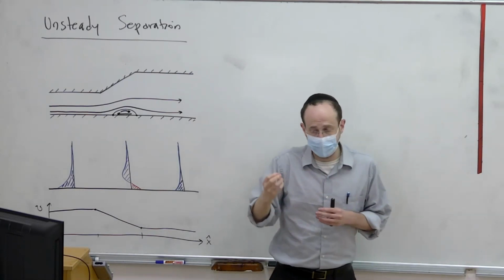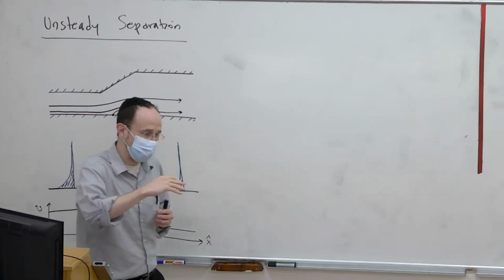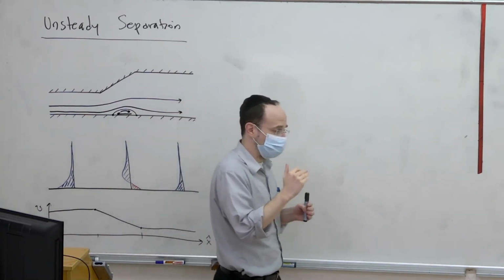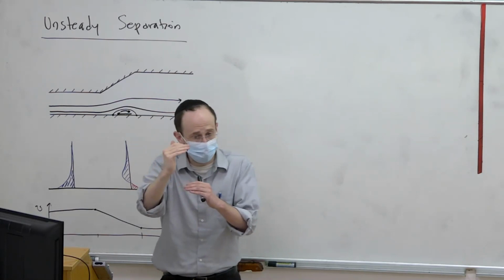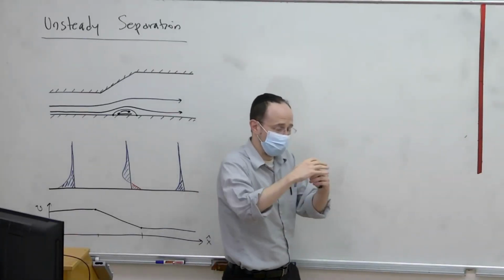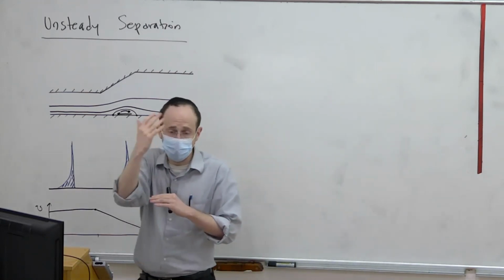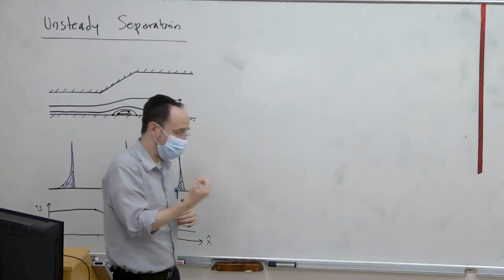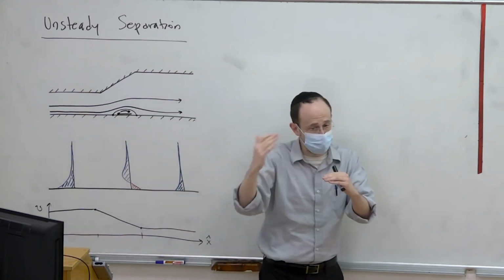In other words, the amount of suction that you need to apply is exactly the same in magnitude as the velocity that's induced by the boundary layer pushing the streamlines away from the wall. In other words, you need to basically suck as hard as the boundary layer itself is moving away from the wall to prevent the boundary layer from moving away from the wall. And if you apply that level of suction, then the boundary layer doesn't actually grow as you go downstream.